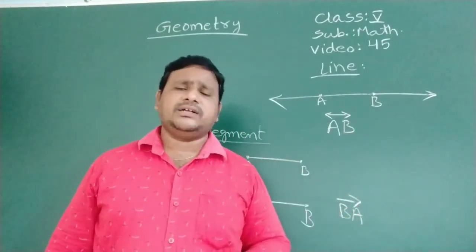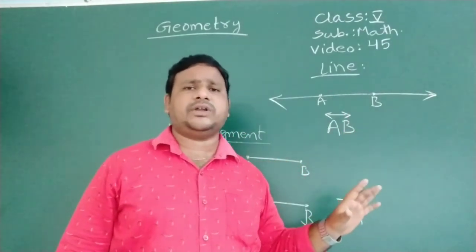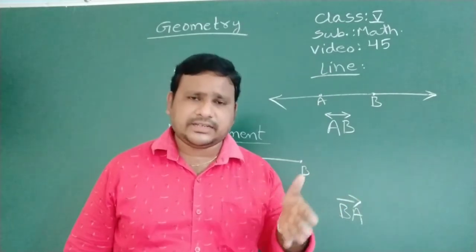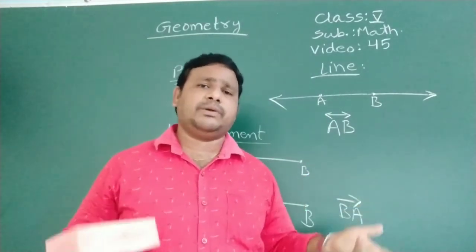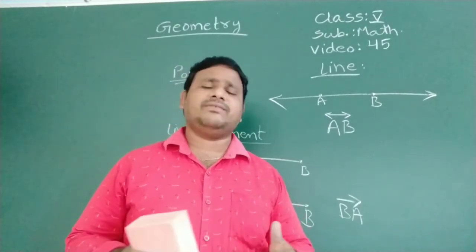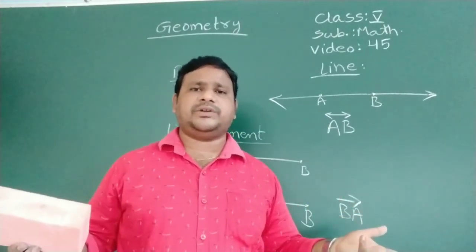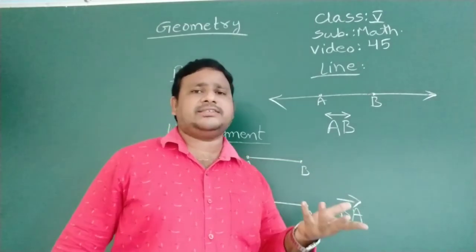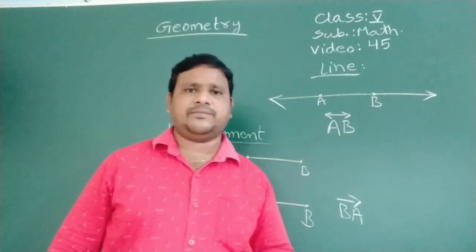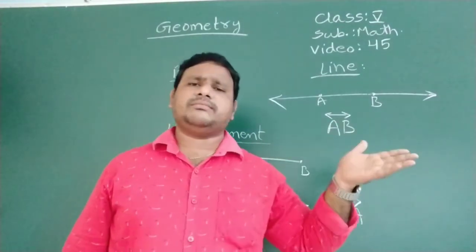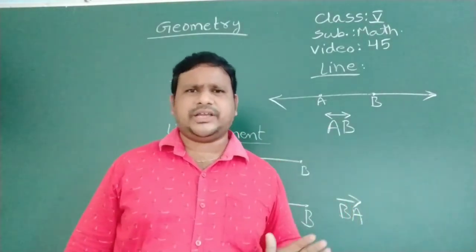Already we know that there are so many points on a line segment. Then how many points will be present on the line? A line is the extension of a line segment. That's why infinite points are possible on a line. Among them you can take any two points.